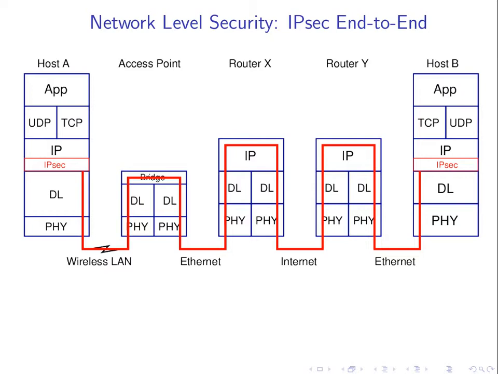So that's why, in fact, network level security is not as common as transport level security. That's one of the reasons. So if you use network level security, you usually need to set up the endpoints. The user needs to do it, which takes some effort, and not everyone can do that.